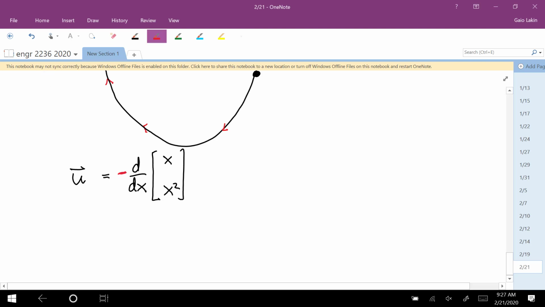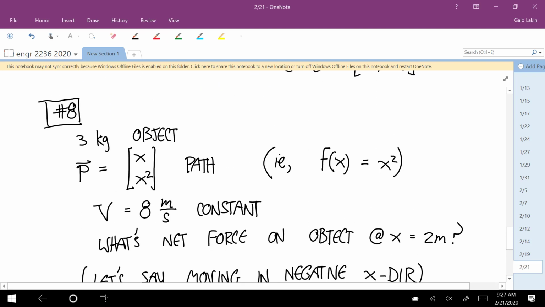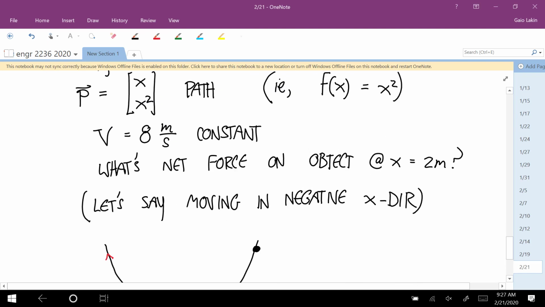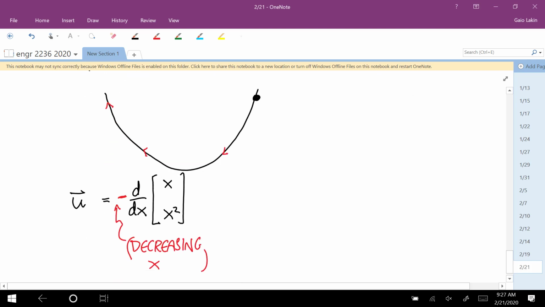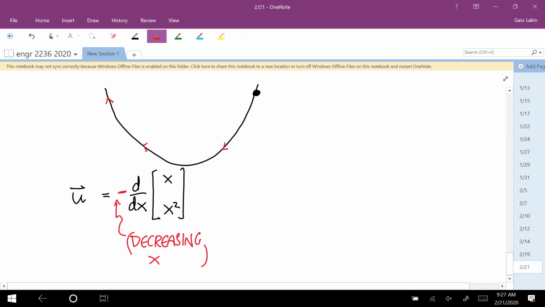We want negative because it's moving in the direction of decreasing x. If it was moving in the positive x direction, you would just leave that alone. So we get a vector here that's 1, 2x.